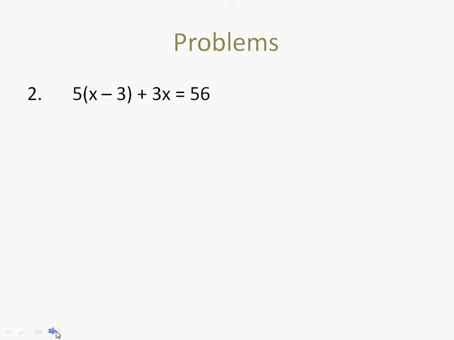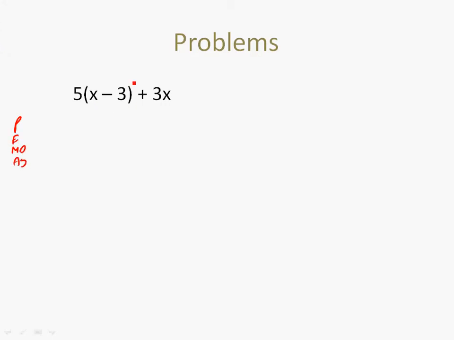Okay, here's our second example. We have 5 parentheses x minus 3 plus 3x equals 56. So now you're at home going to cover up that equals 56. Now let's remember, whenever we simplify, we still have to follow our order of operations. So let's put our little checklist here.